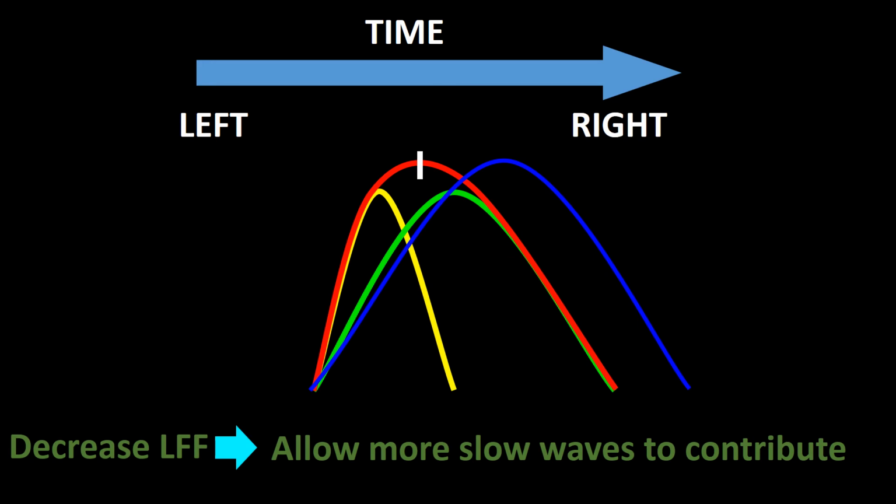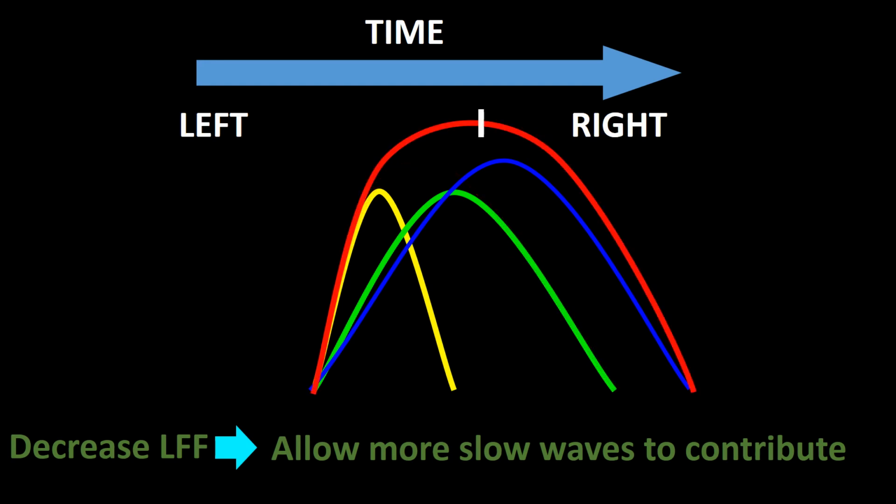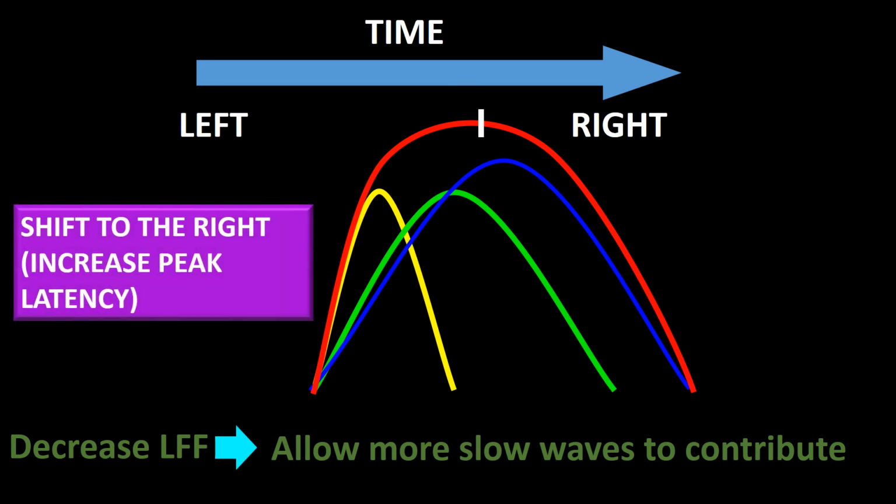This wave was not being allowed to contribute to the ultimate wave before because the low frequency filter at the previous setting prevented it. When this wave adds up, not only is the amplitude increased and the latency shifted to the right, that is, the peak latency is increased, but it also promotes line or baseline fluctuation.